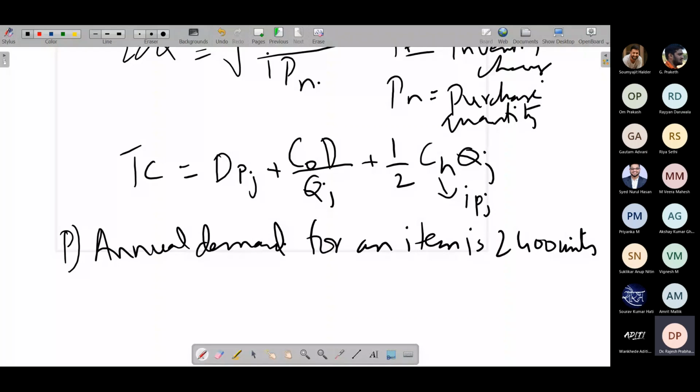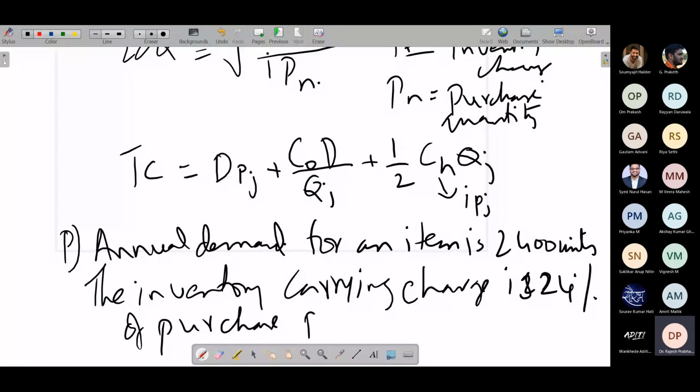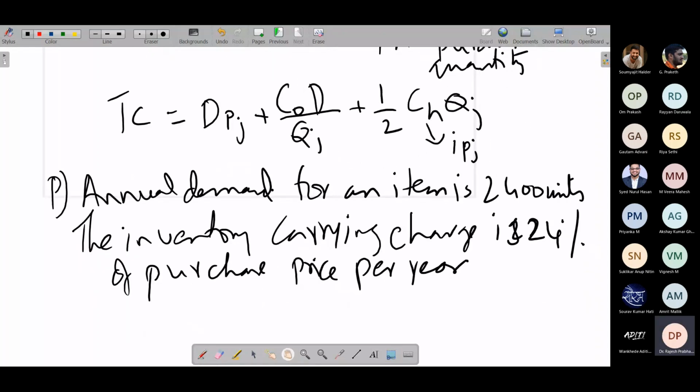The inventory carrying charge is 24% of the purchase price per year.